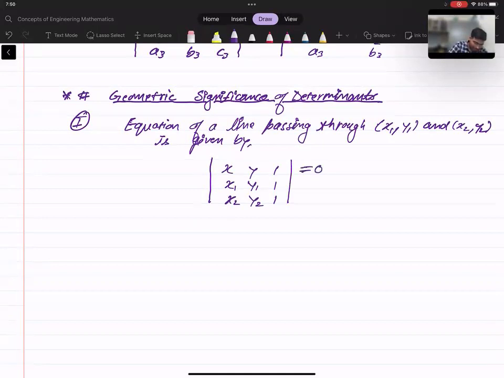The expansion of this determinant will give us the equation of the line passing through x1 y1 and x2 y2.